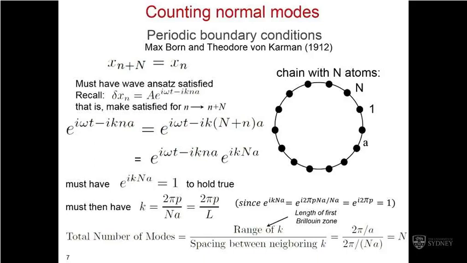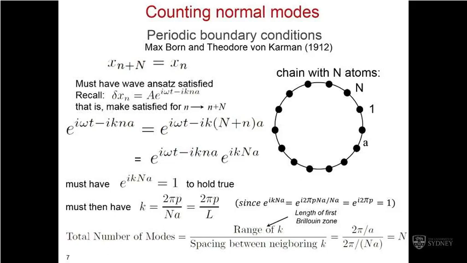It tells us that we can have big N k values, where N is the number of atoms in your solid. And we know that our reciprocal lattice vector, or the range of k, is 2 pi on a, for the periodicity of our unit cell, if you like. And we now know that we have N allowed values of k, and the spacing of them is 2 pi over L.